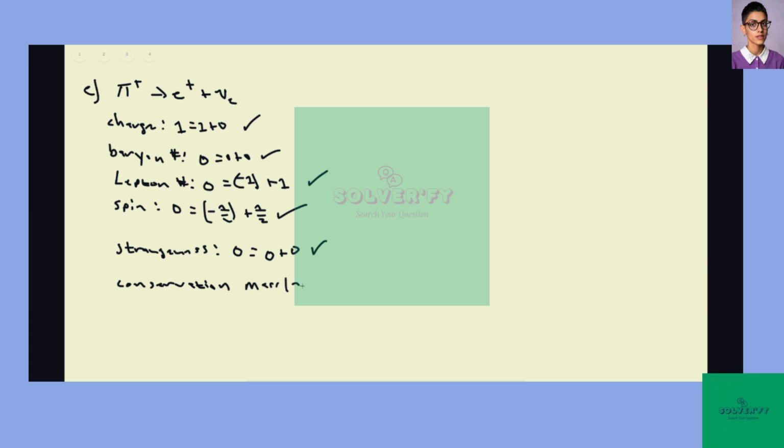And then conservation of mass energy. You can already tell that's conserved because the pion has much more mass than an electron. But we'll go ahead and write these down.